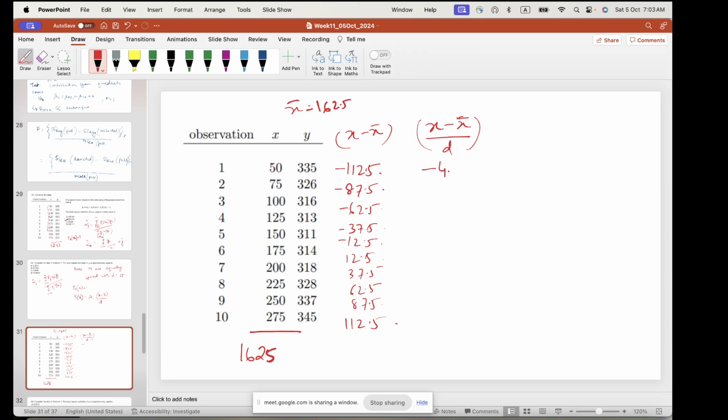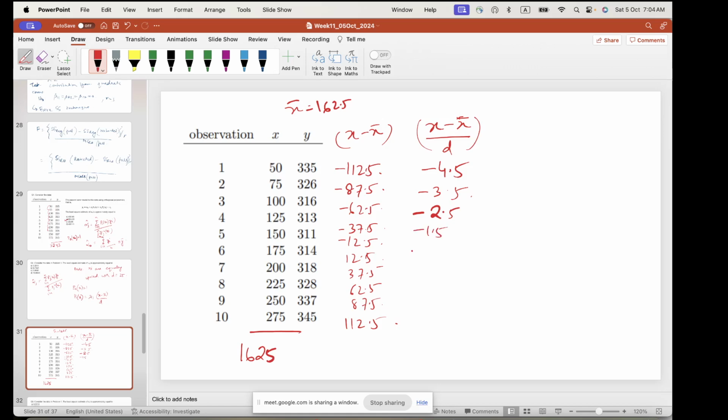So this is minus 4.5. 87.5 divided by 25 is minus 3.5. 62.5 divided by 25 is minus 2.5. 37.5 divided by 25 is minus 1.5.